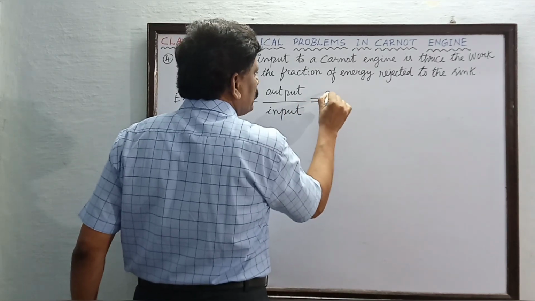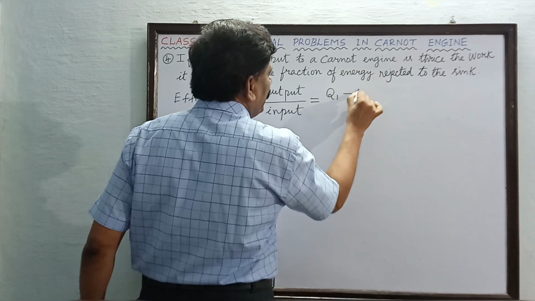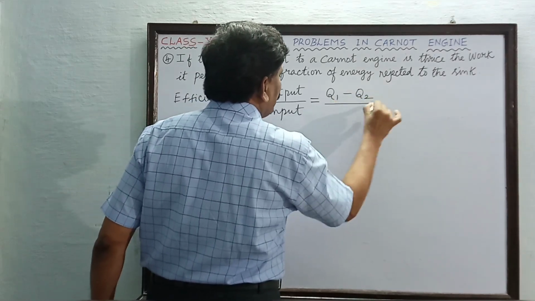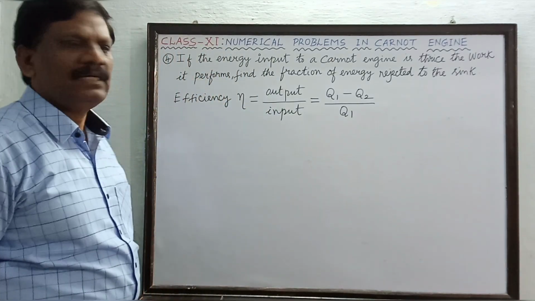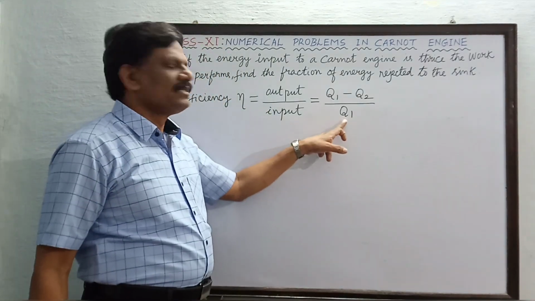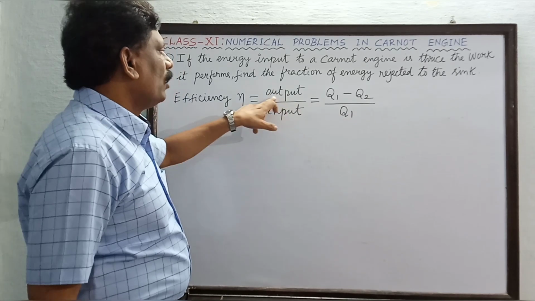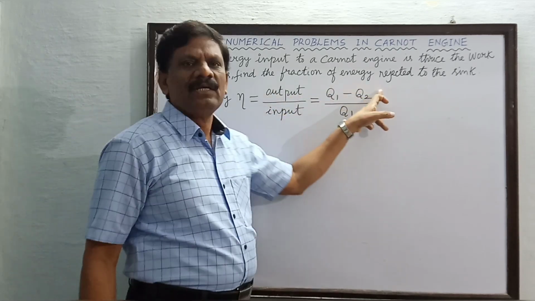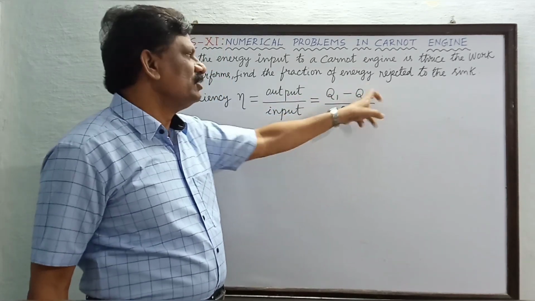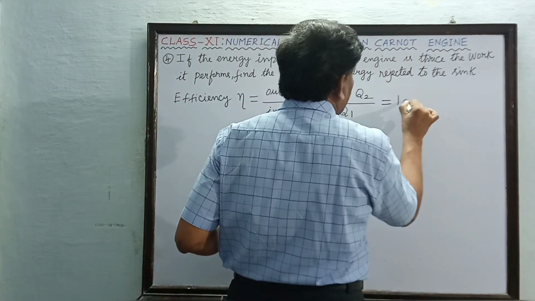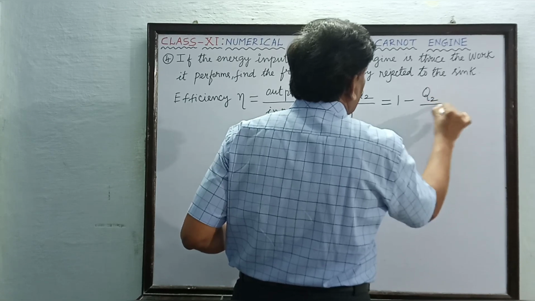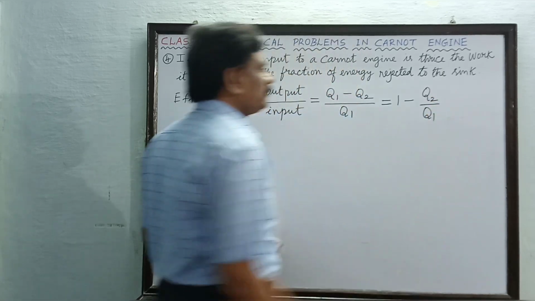This is equal to Q1 minus Q2 divided by Q1. The input to the engine is Q1, and the output is Q1 minus Q2, the work done by the engine. So this also can be written as 1 minus Q2 by Q1.